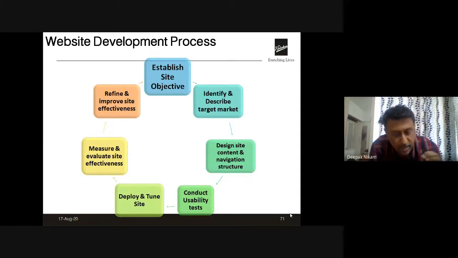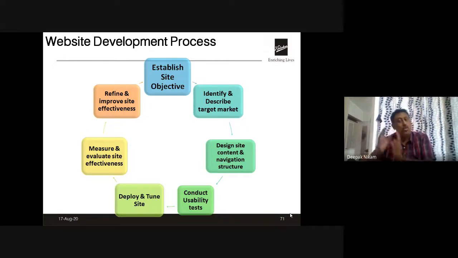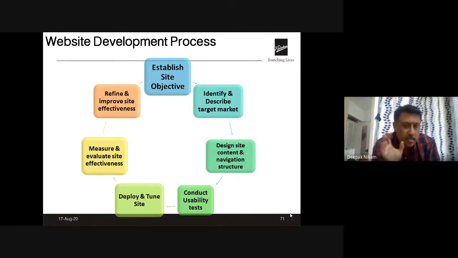The best advice I can share with you on that is, when you have done site content and navigation, do that part thoroughly. It is literally like writing a storybook, or not even a storybook, but a plan for your week.